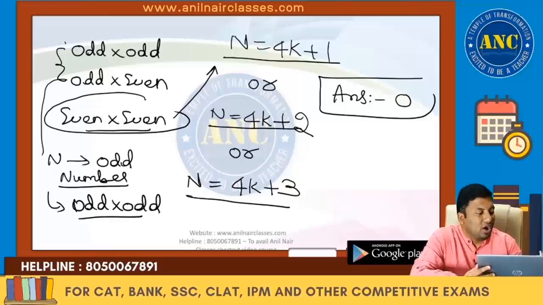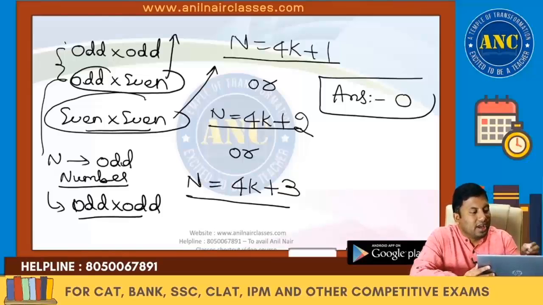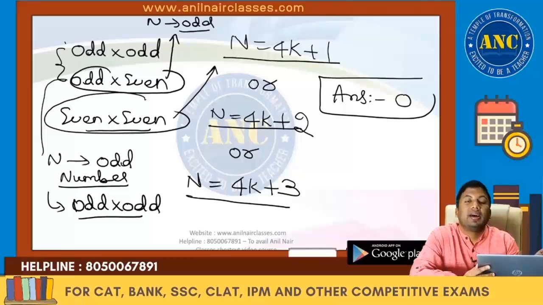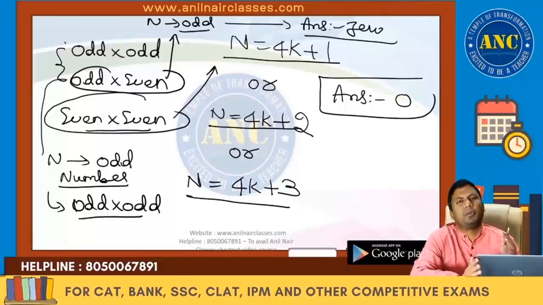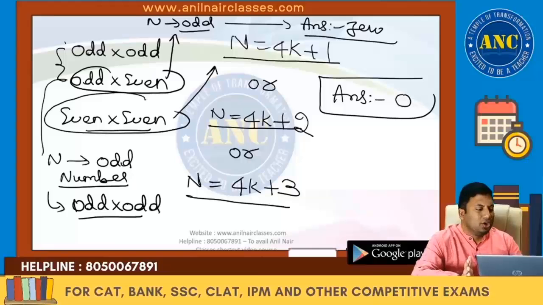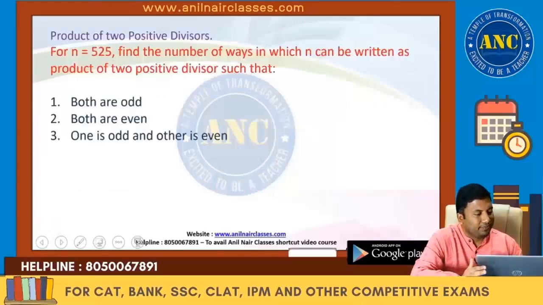If it is an odd into an even case and number is an odd number, odd into even will give an odd number. So answer for this question is again 0. It all depends upon the value the n take. You don't need to remember it like this. You just see the question and go step by step. You will get the answer.